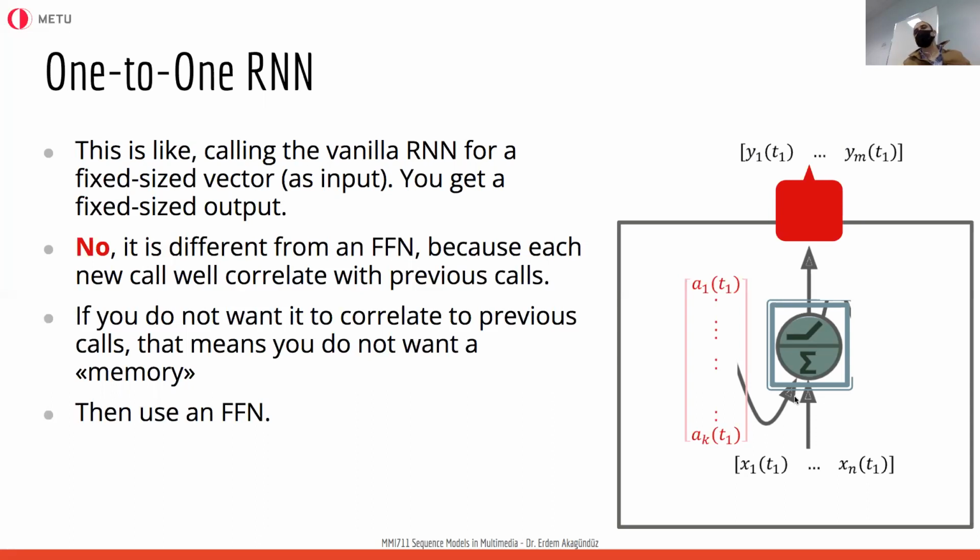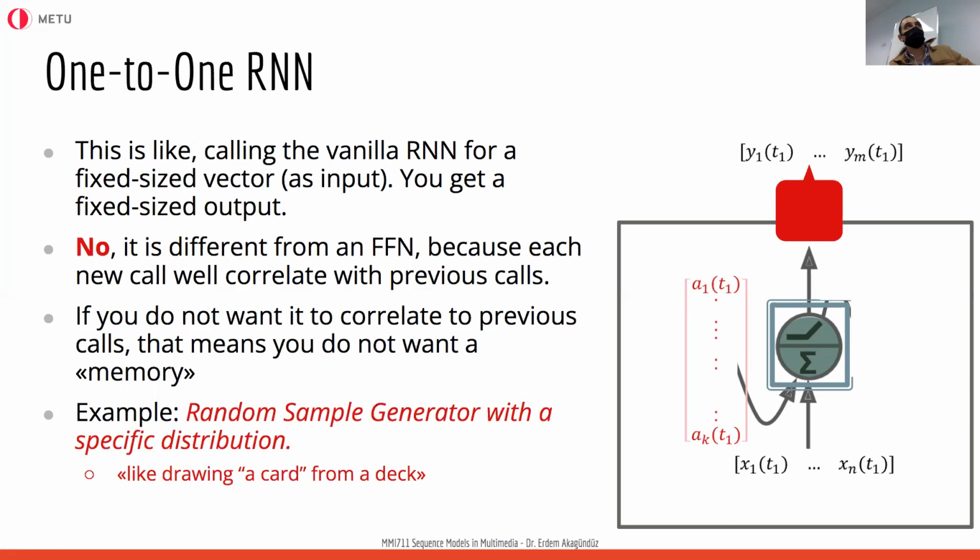Let's try to give an example. Can anybody think of any example of a one-to-one RNN system? Because it's a bit strange. Any examples? We have it on the slides. So an example is a random sample generator.